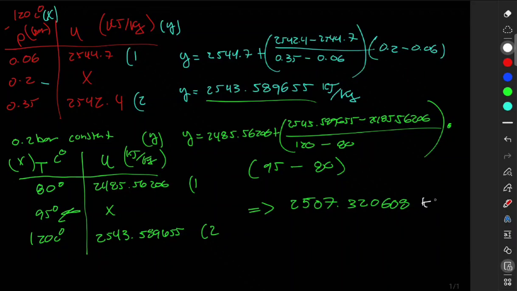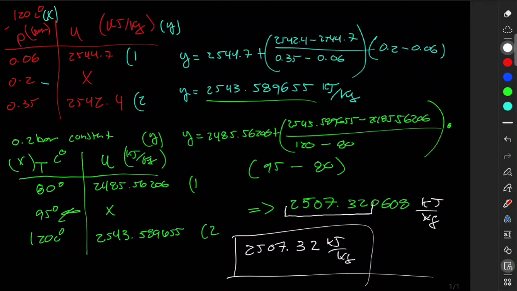Oh, this is kilojoules per kilogram. You need to keep it as we do it. So we're going to round to these numbers. So the final answer will be 2507.32 kilojoules per kilogram. This is our final answer, and it's correct. Thank you for checking out this video, and I'll see you next time.